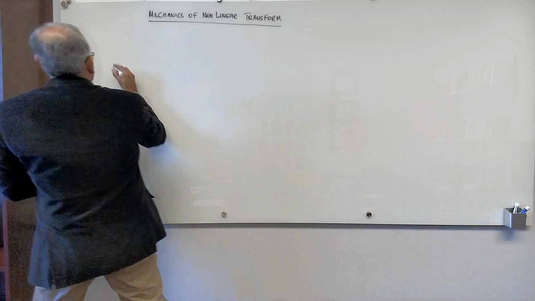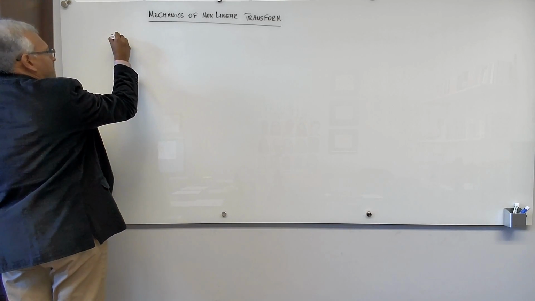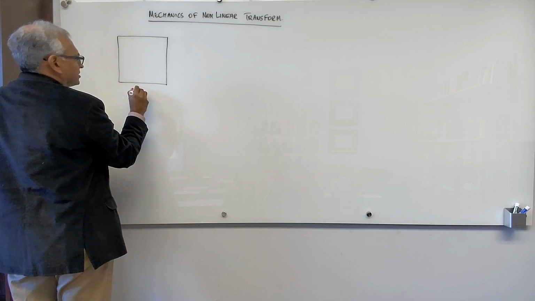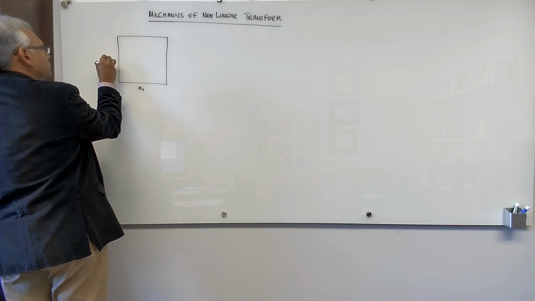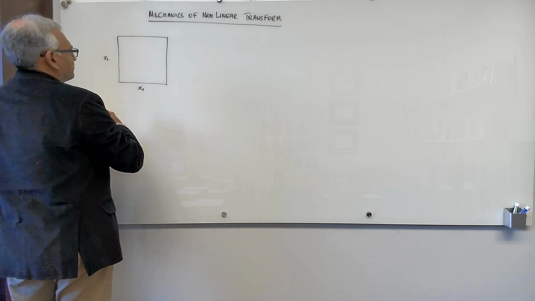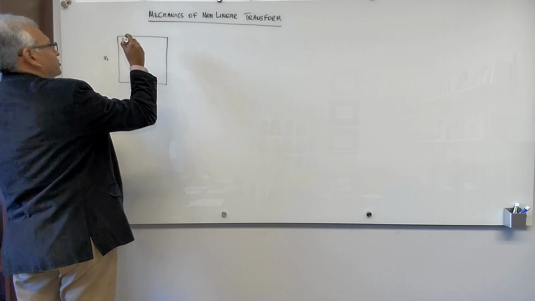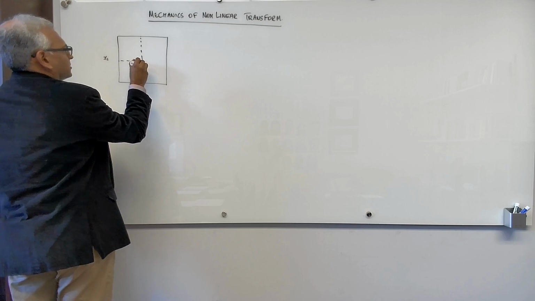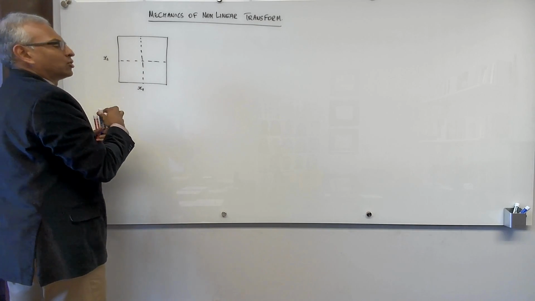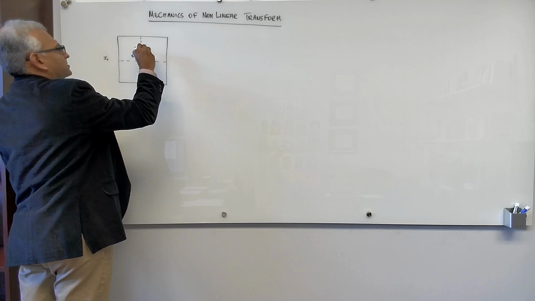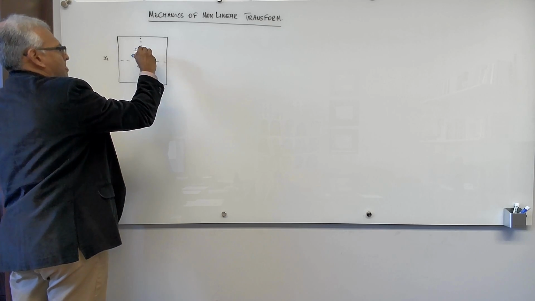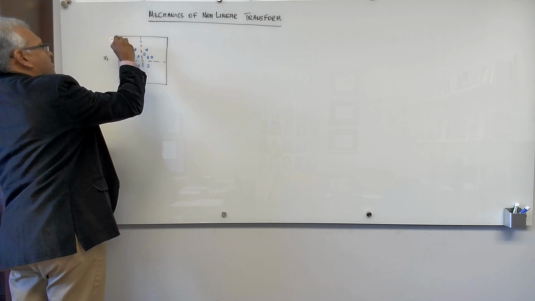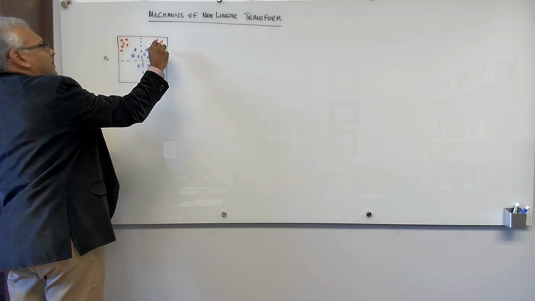Okay, so I'm going to illustrate that data. Think of it as I have two features. Let's call them x1 and x2. I'll just draw the axes here. This is 0, and that's 0. And I will draw my data points, a bunch of data points, and we have our x guys, our red guys.